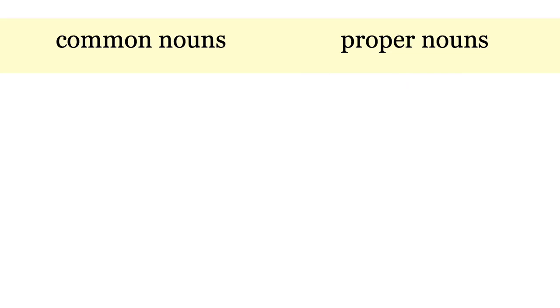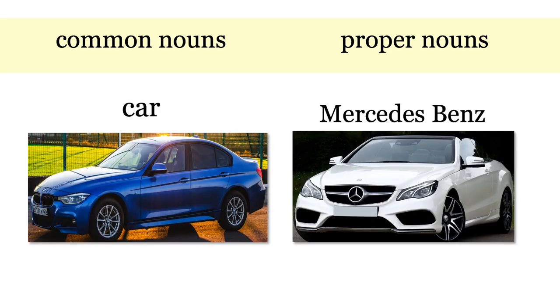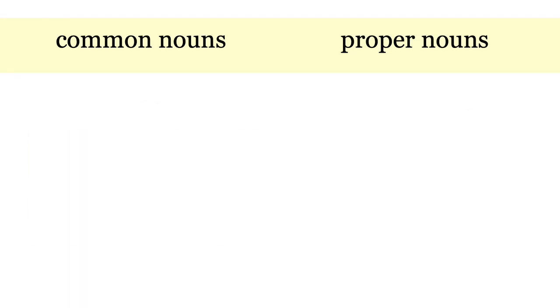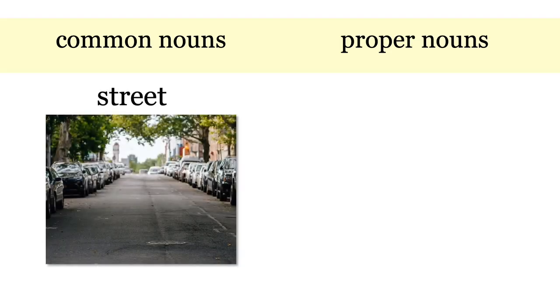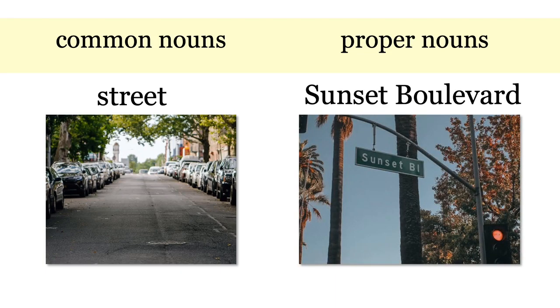The word car is a noun, but Mercedes Benz is a proper noun because it is the name of a kind of car. That's why the M and B in Mercedes Benz are capital letters. The word street is a noun, but when the street has a name, like Sunset Boulevard, it becomes a proper noun.